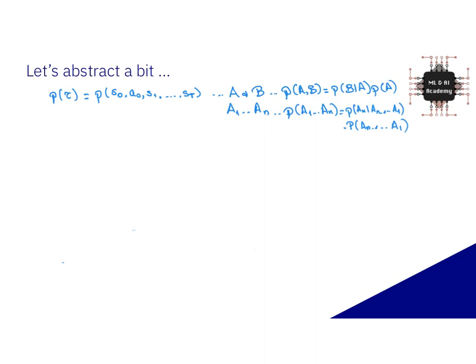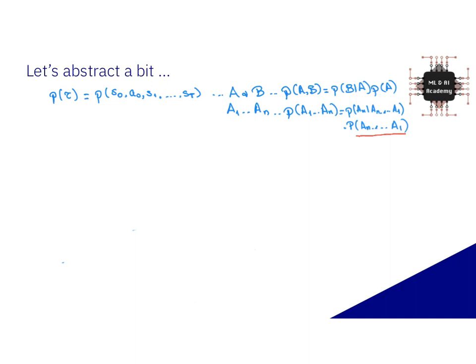So if you do an induction proof, you can show that using this formula, the joint density over n events can be factorized as the density over the last event conditioned on everything else times the joint of everything else. Now, please notice that you can in fact repeat this idea on this remainder here, right?